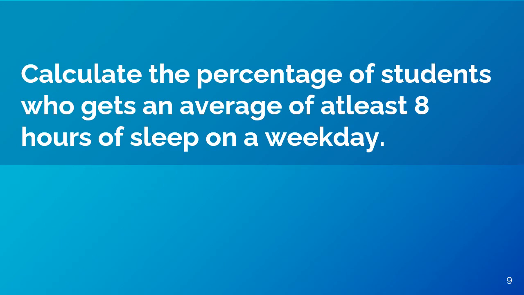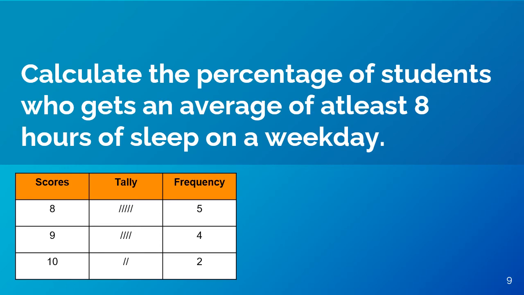So next, let's calculate the percentage of students who get an average of at least 8 hours of sleep on weekdays. Since we're finding at least 8, it should be equal or greater than 8. So we have 8, 9, and 10. So 5 plus 4 plus 2, we have 11.